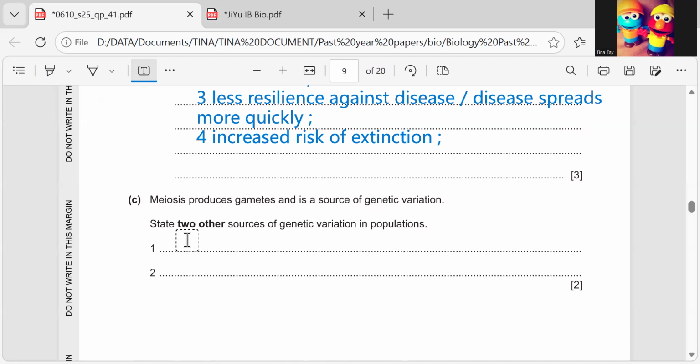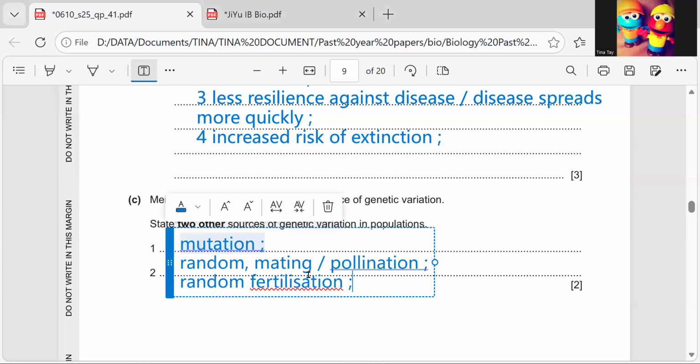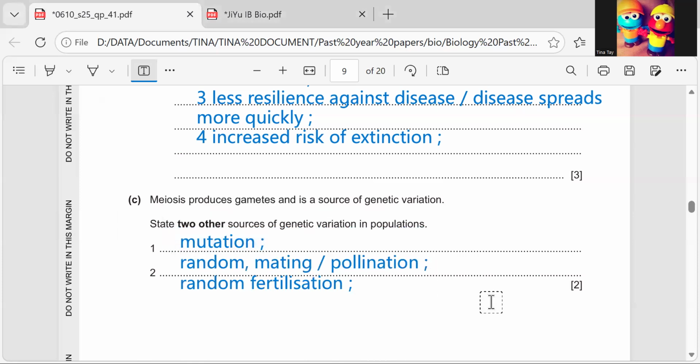Also, random mating: in a population of rabbits, any one rabbit can breed with another rabbit. You cannot say this rabbit only breeds with that rabbit. So it's all random. Random fertilization and random mating or pollination. For animals we say mating, for plants it is pollination.